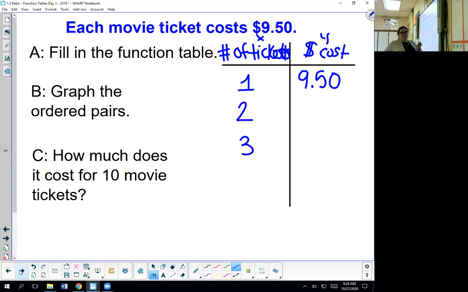I'm only going to go up to 3, so same idea here. 2 would be double that, right? So it would be $19, or you could put .00 if you really want to go fancy. And then I do another $9.50, so 3 times $9.50 is $28.50.